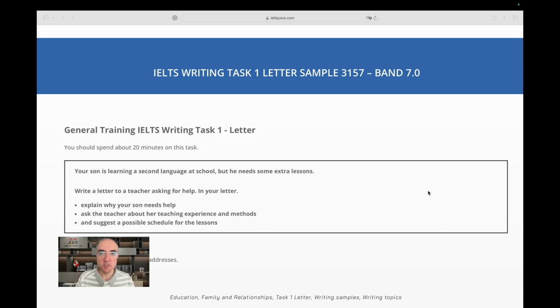So when we approach the teacher, we need to talk about these lessons. But first, we need to explain the situation. I need to think of a scenario, like why the son needs help. Maybe the scores are lower than expected, or maybe the son, for some reason, couldn't study very well.